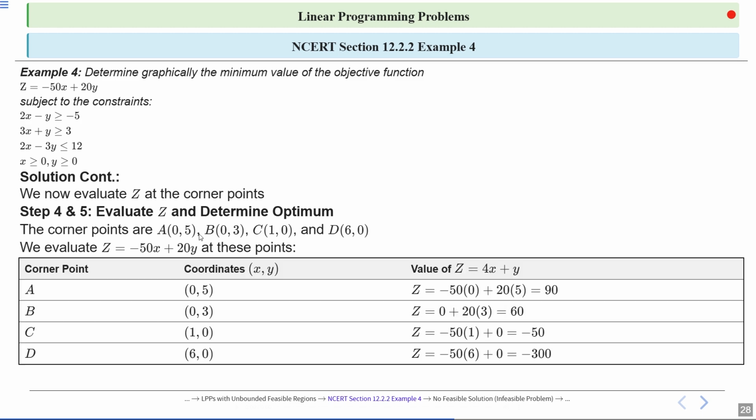The value of Z at point A is 100, at point B is 60, at point C is minus 50, and at point D is minus 300.